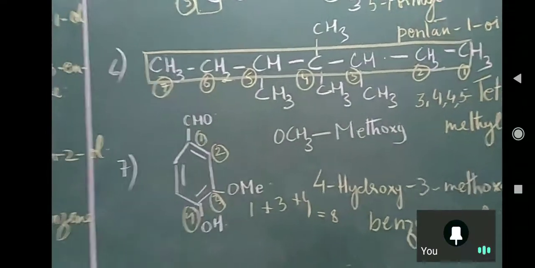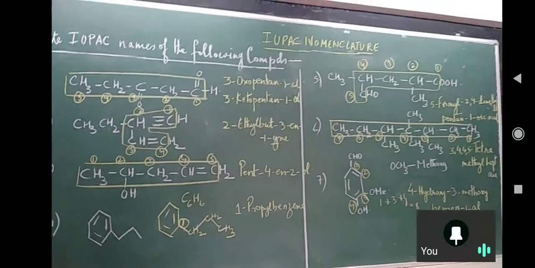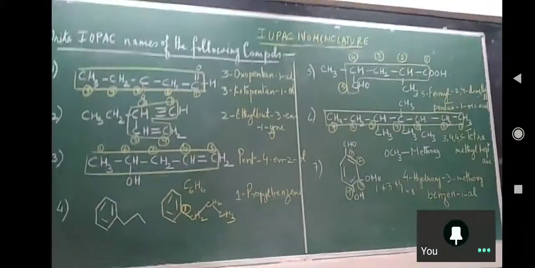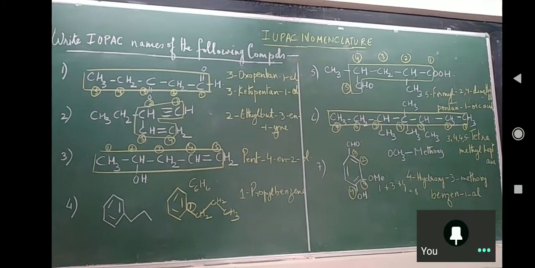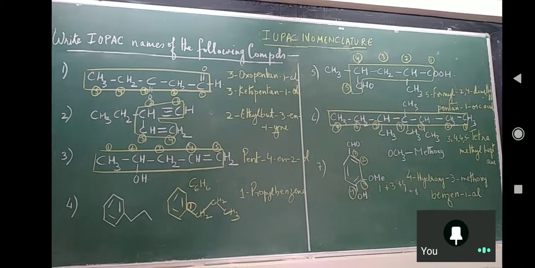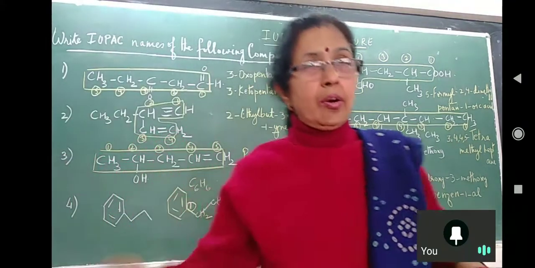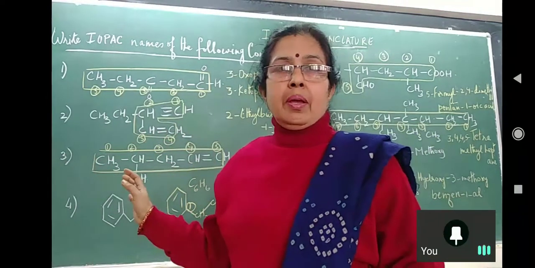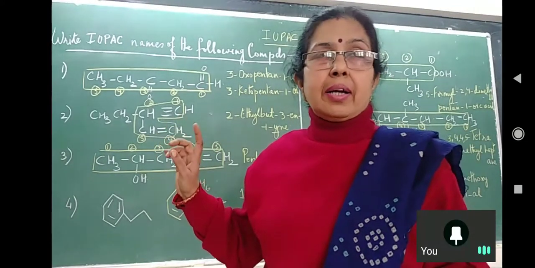Okay. All right. So we have discussed 7 structures and we tried naming them also. Now look here. We cannot cover all the rules here. Our next class will be bond line formula and condensed formula.